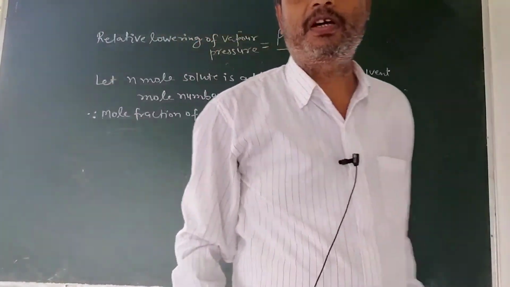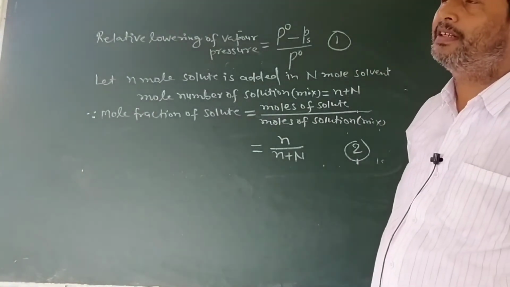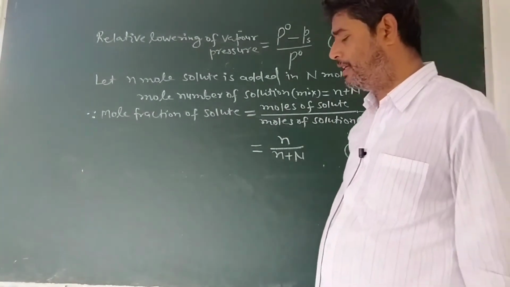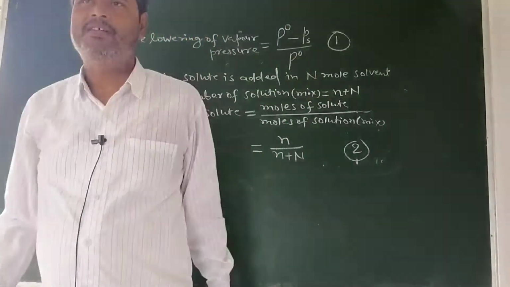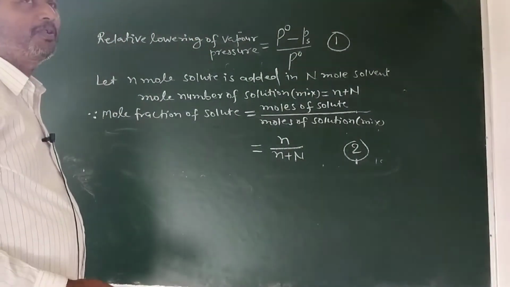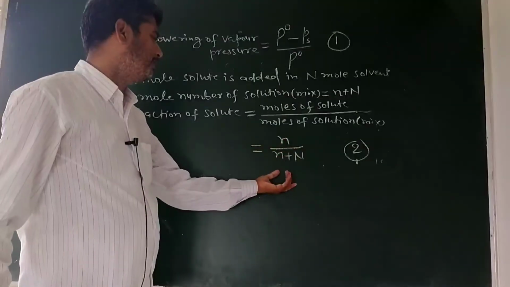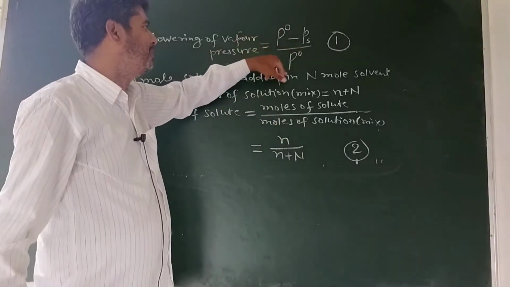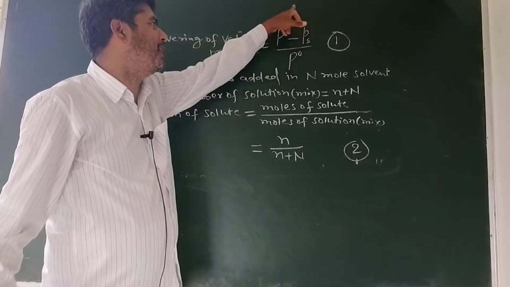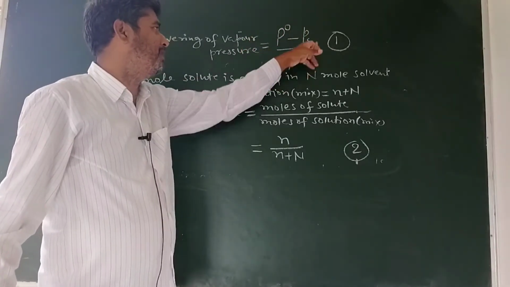Now, according to Raoult's law, relative lowering of vapor pressure is equal to the mole fraction of solute. Thus, equation number 1 will be equal to equation number 2. This is the mole fraction of solute and this is the relative lowering of vapor pressure.